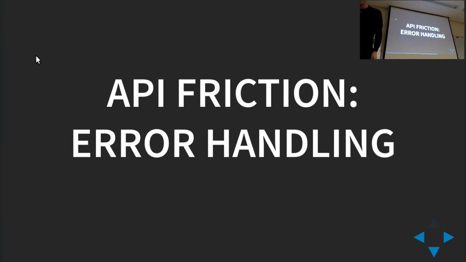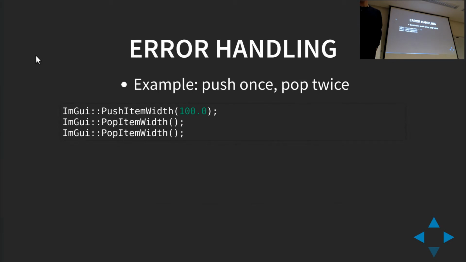All right, another API friction, error handling. IMGUI has quite a lot of these kind of function pairs. For example, start something, end something, push and then pop. And what happens if you push once and pop twice? So this is C++ code.